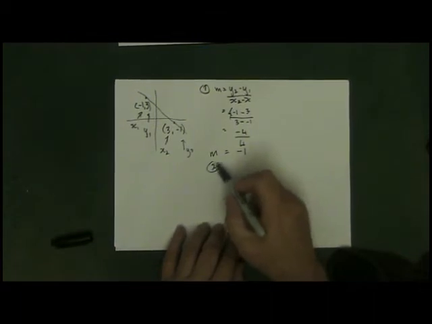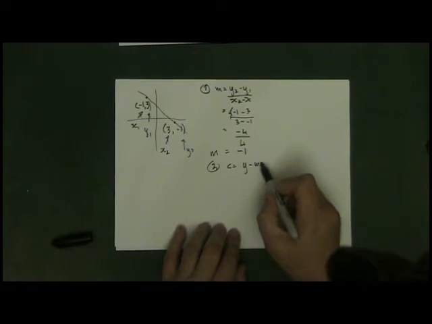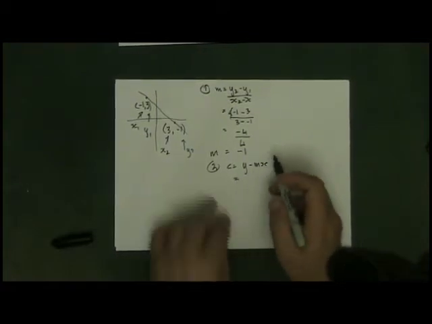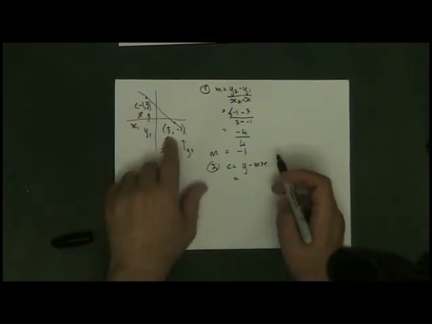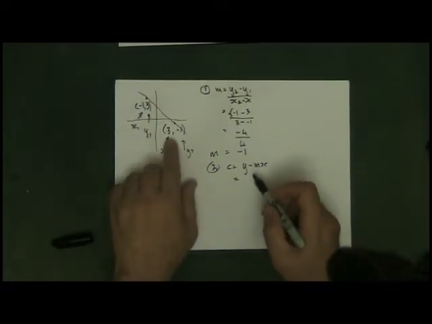Step 2 was work out c. c is equal to y minus mx from rearranging the equation, which is equal to, let's choose that point.